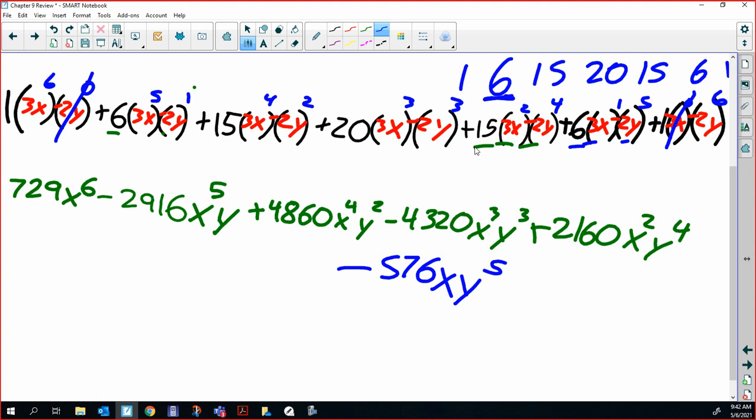And then negative 2y to the 6th. So 2 to the 6th is going to be 64. It's going to be positive because it was an even exponent. Y to the 6th. There we go. It's technically all one line. I just couldn't fit it.